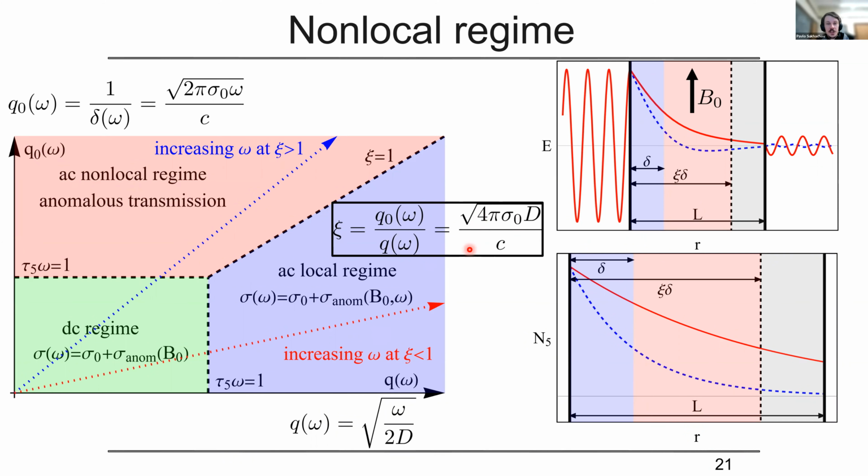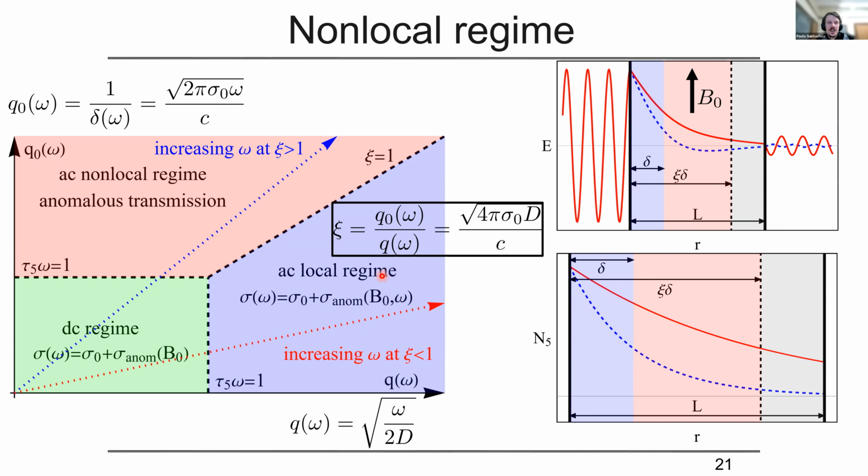If this coefficient psi is small, which means that the diffusion is small, then we are in the AC, alternating current, local regime. But still, this intuition works, and perhaps this is where the experiment performed by Peter Armitage was done.